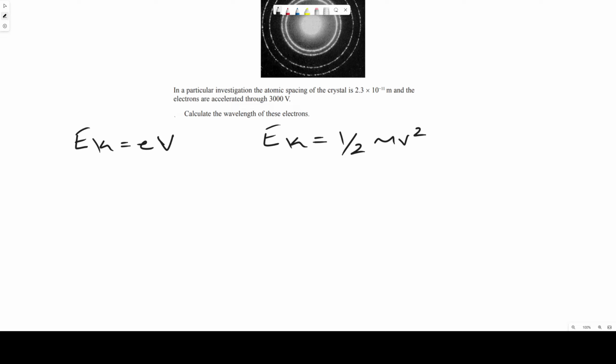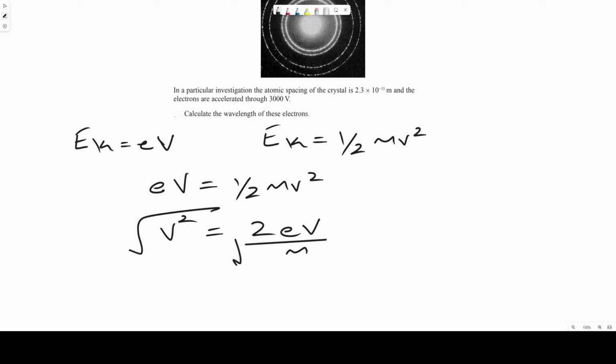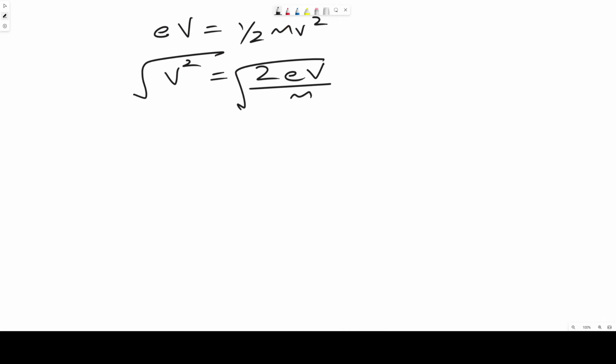So eV is equal to half mv squared, and then I isolate for velocity. So v squared is equal to 2eV divided by m, take the square root on both sides. And so my velocity will be equal to the square root of 2eV divided by m.